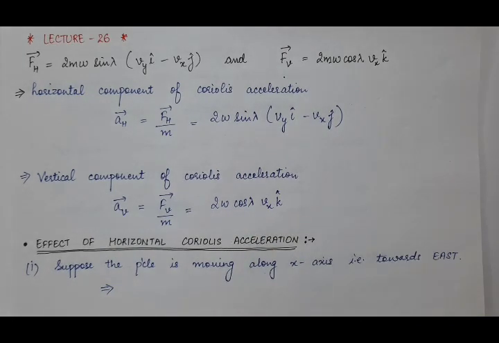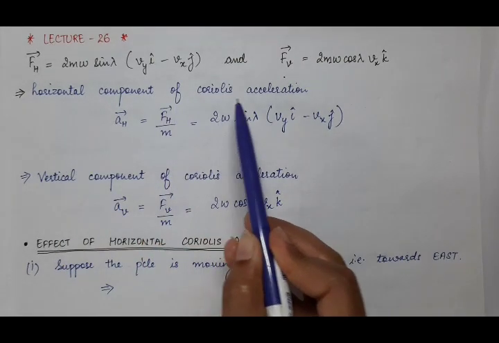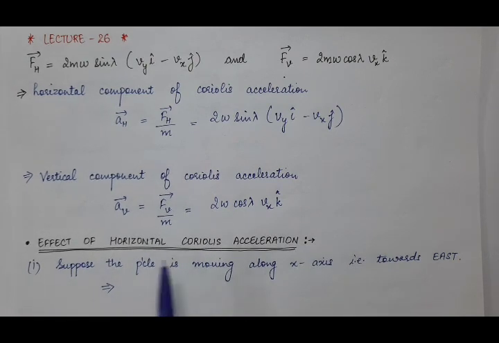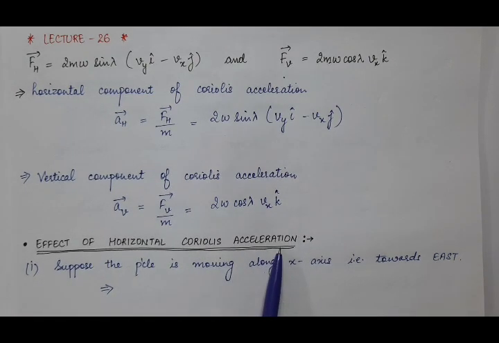Now we will see the effect of the horizontal component of Coriolis acceleration on the motion of a particle which is moving on the surface of the earth. So first is the effect of horizontal Coriolis acceleration on the motion of the particle moving on the surface of earth.